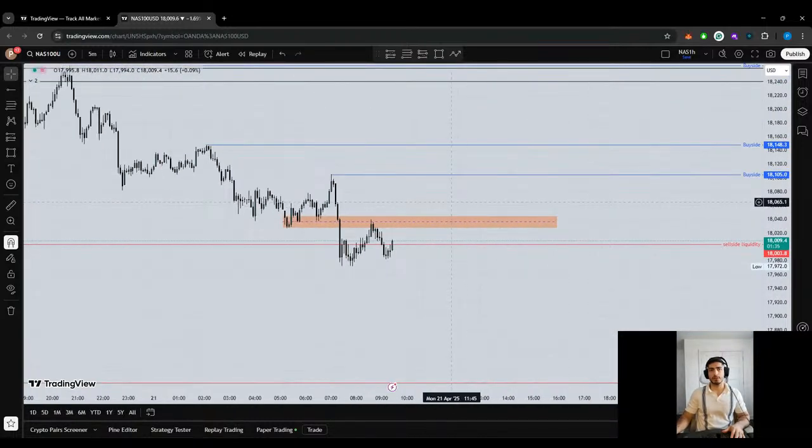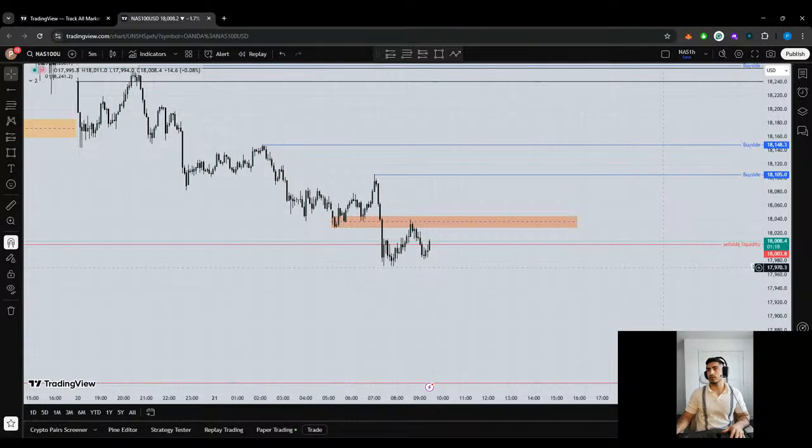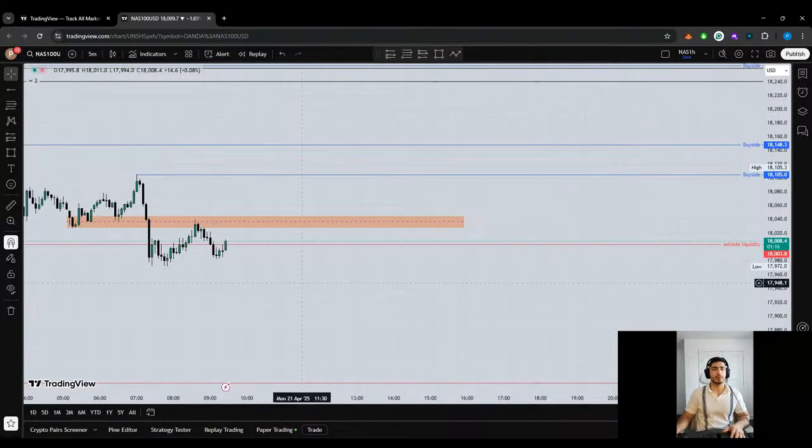But we'll keep our eyes peeled just in case price action suggests it wants to go lower. And these little lows also might get taken. So let's see. We have the open in 1 minute and 10 seconds.